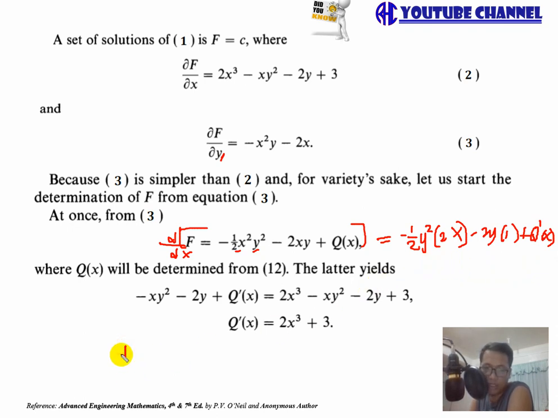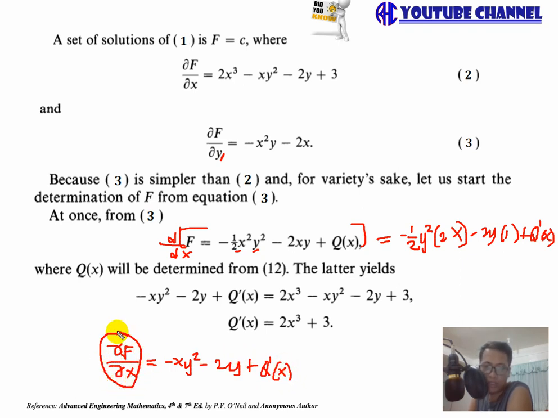So magiging ito: the first derivative of f with respect to x is equals, simplify natin yan, negative xy squared minus 2y plus q prime of x.